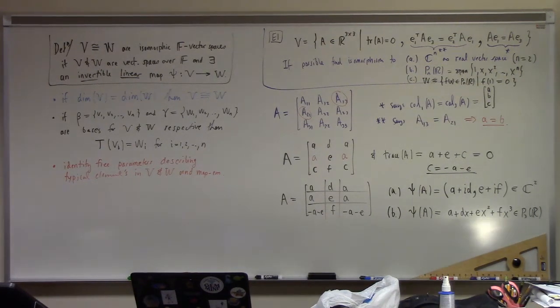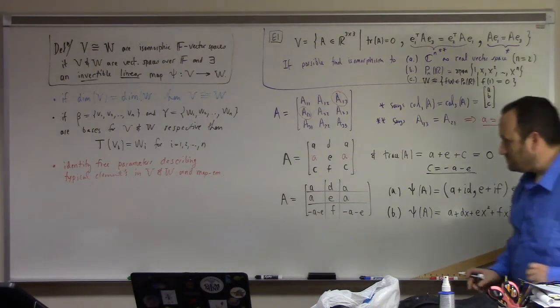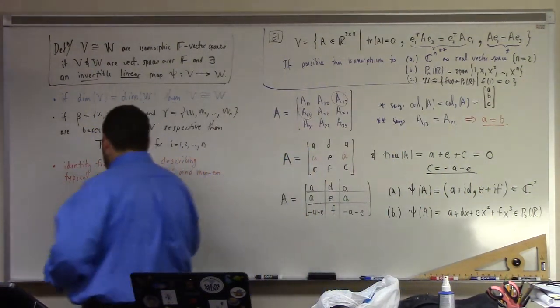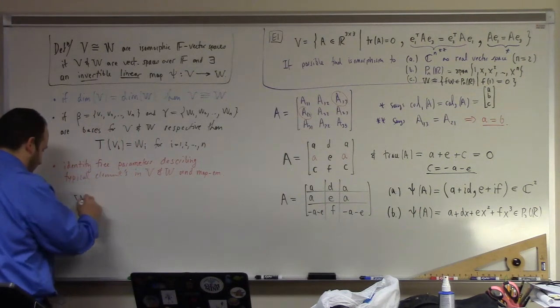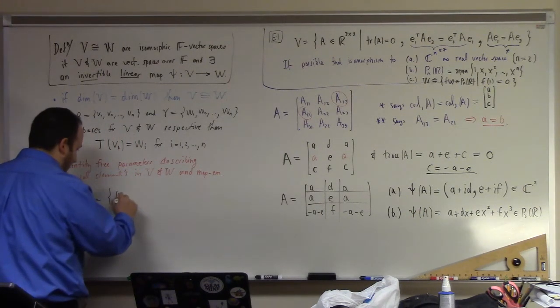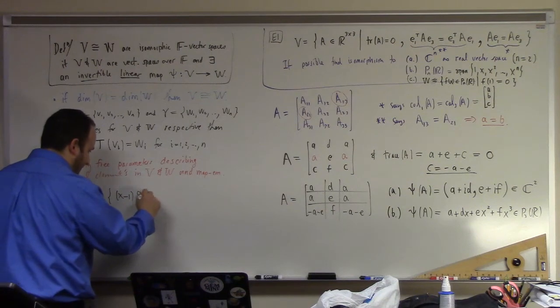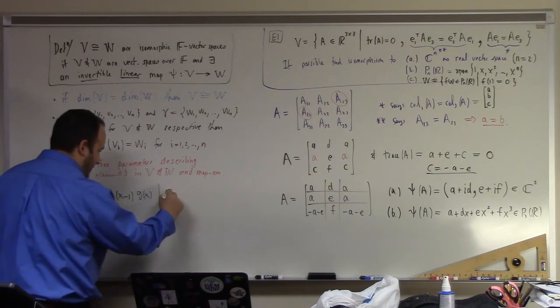I remember doing something where it'd be like x minus 1 because it's f of 1. Ah, right. So W would be equal to, you said, something like x minus 1 times g of x, such that g of x is where?